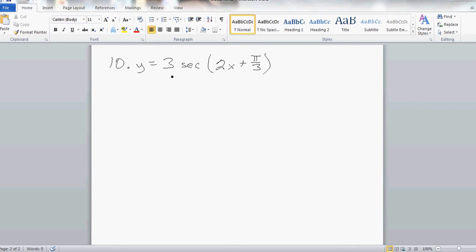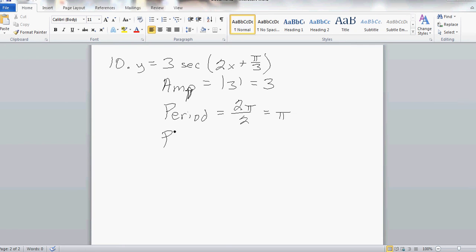So with that in mind, we do know that the amplitude is the absolute value of 3, or 3. The period will be 2 pi over 2, or pi.